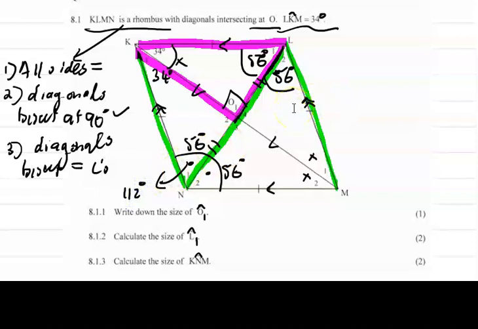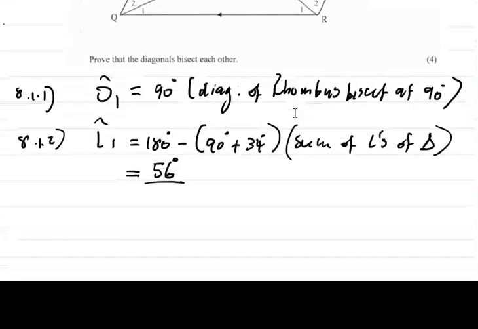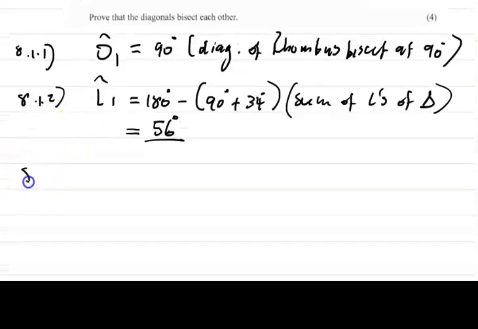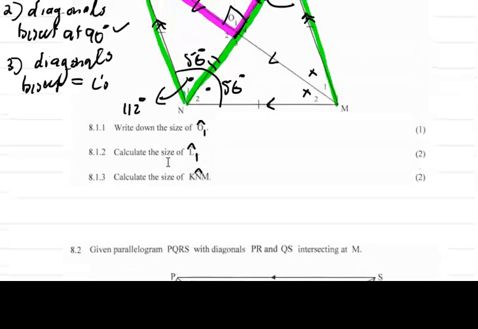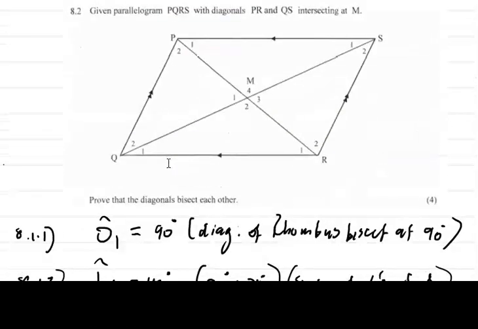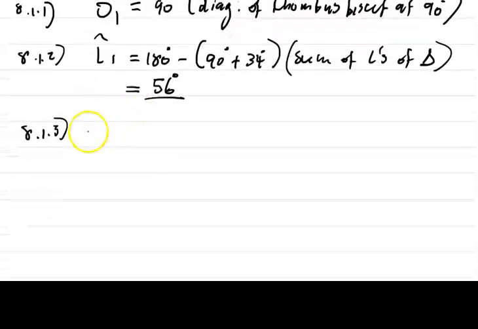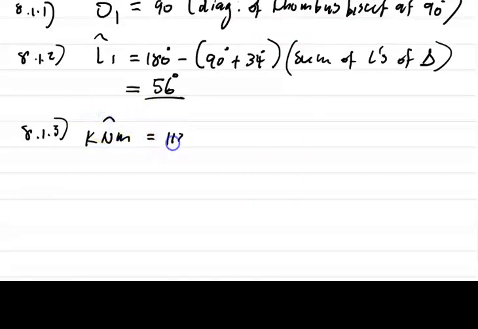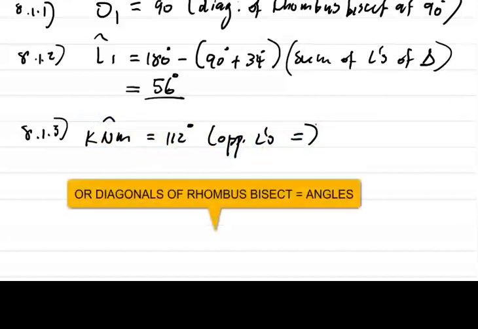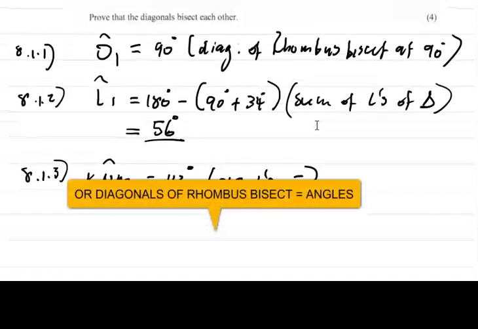So let's write that down. 8.1.3. We'll write down K and M equals 112 degrees. Opposite angles equal. Remember, because the rhombus has the exact same properties of a parallelogram. So opposite angles equal, opposite sides equal, diagonals bisect each other.